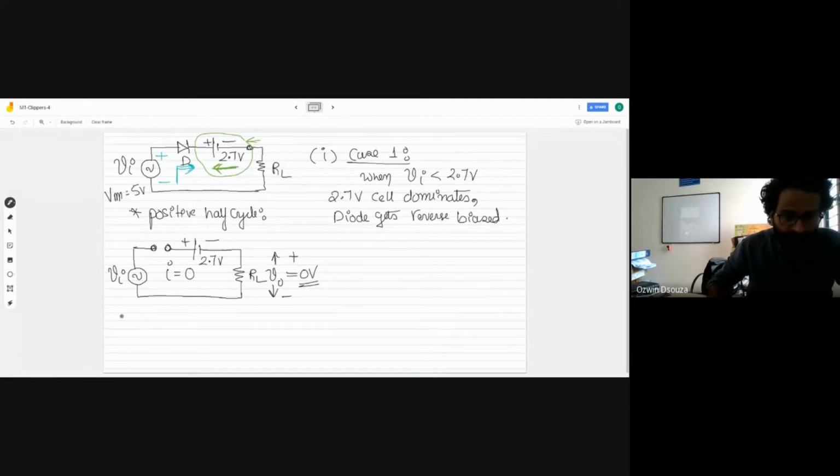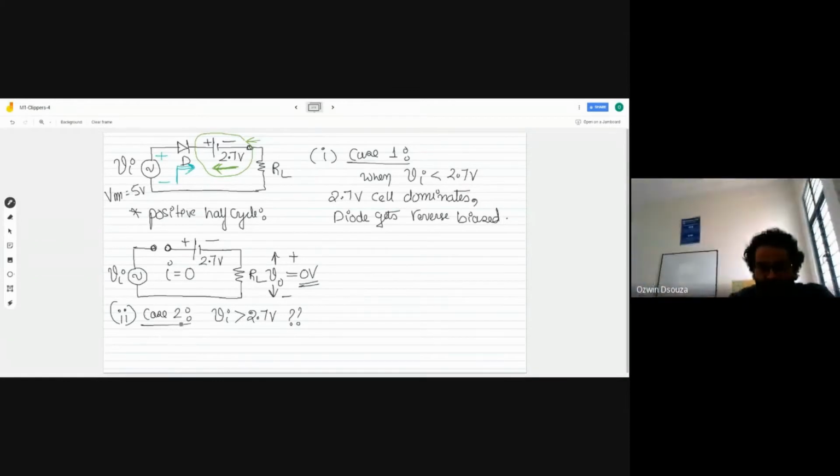Now let us look at case 2. Case 2 comes into the picture when your input is exceeding the fixed DC level of 2.7 volt. So what happens when your input is greater than 2.7 volt?